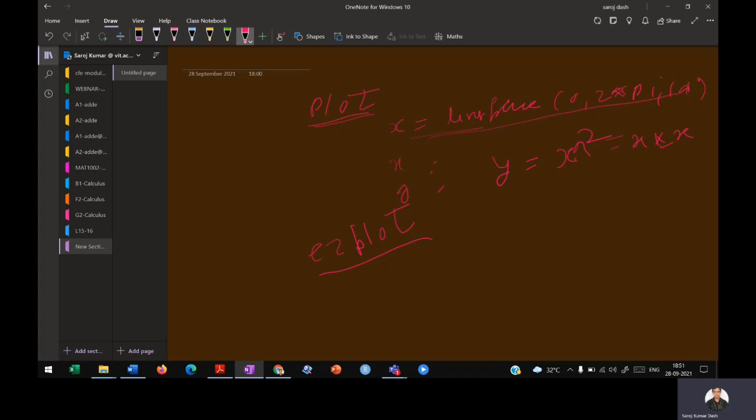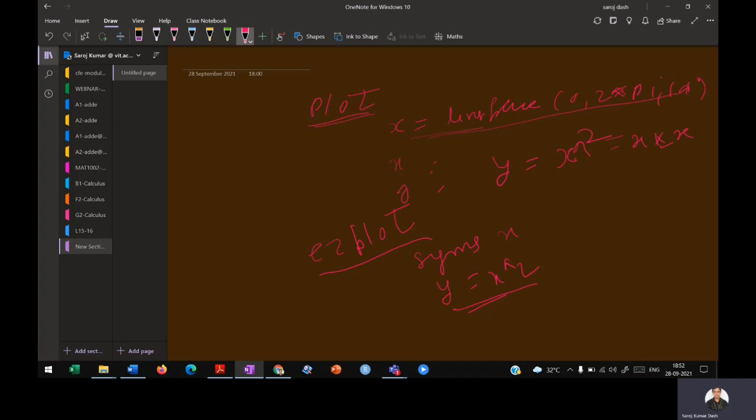Otherwise, you use ezplot because it will make it symbolic. So whenever you use ezplot or ezsurf, first define the symbol x. Now you can write y is equal to x square. That's not valid for plot, but it is valid for ezplot, because now we define symbol x.